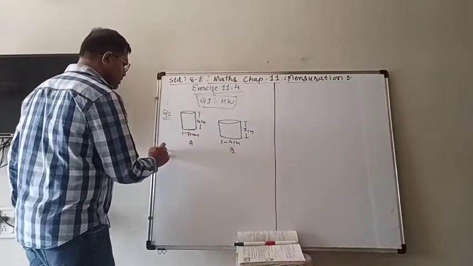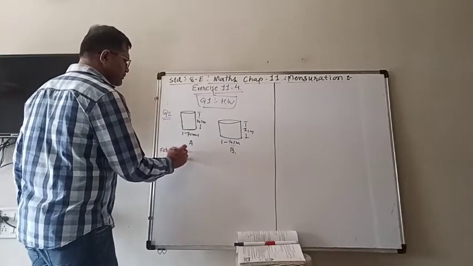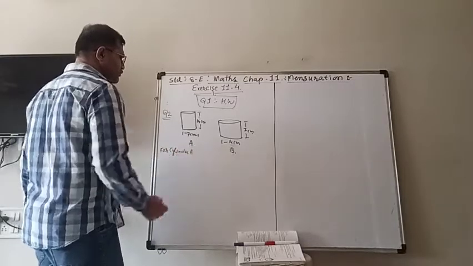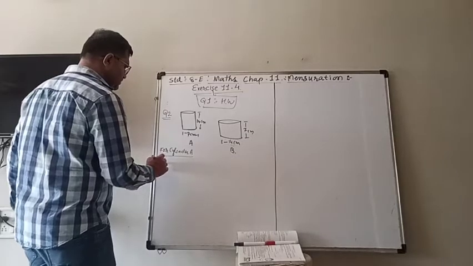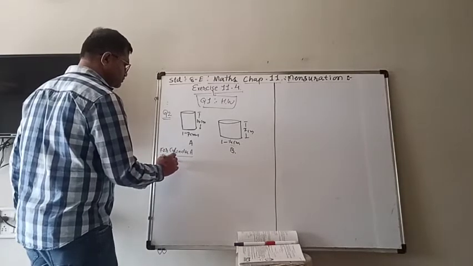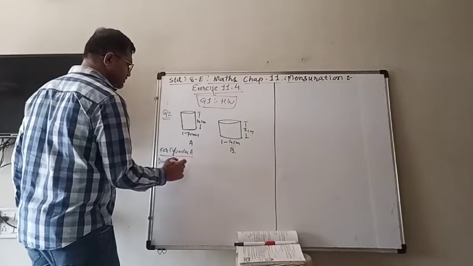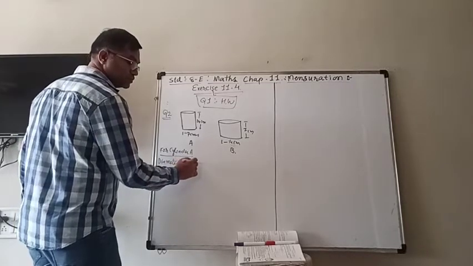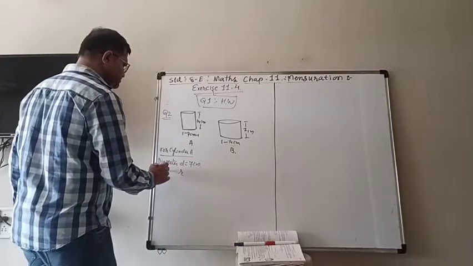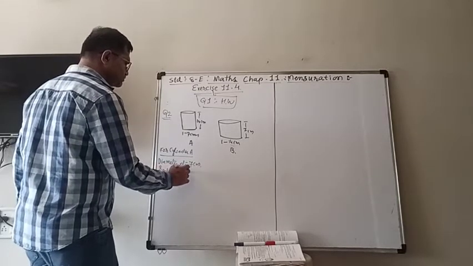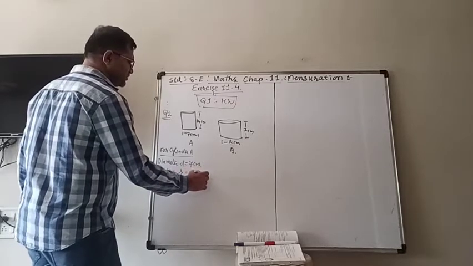So for cylinder A, one by one we will find the volumes. For cylinder A, diameter D is given 7 cm. So radius is half of the diameter, that is 7/2 cm.